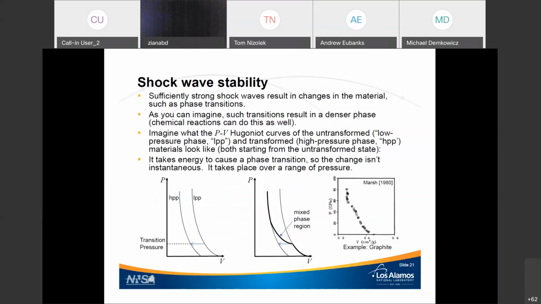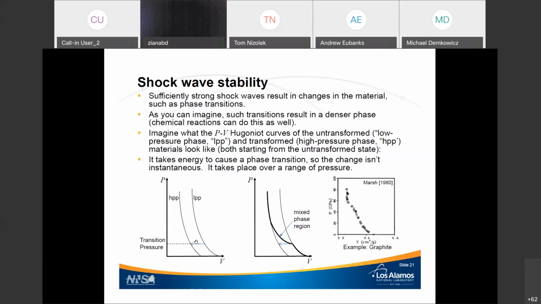Now, in this particular case, the transition, this is a compressional wave. The transition will drive you to a more dense phase. And if you imagine what the pressure volume Hugoniot curves of the low pressure phase, the untransformed material, and the high pressure phase, the transformed material, might look like, they might look like this cartoon here.